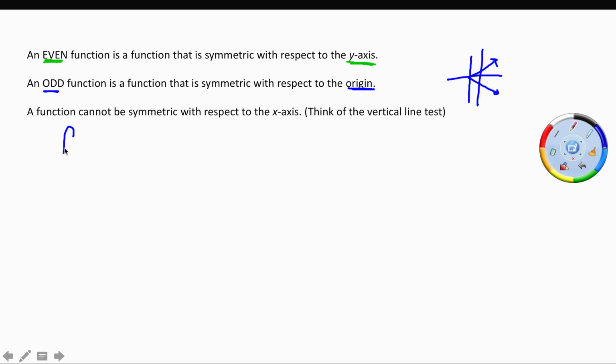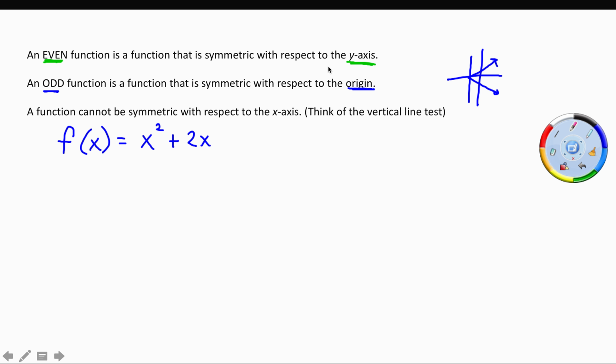So let's try that again. It's the exact same steps from before. Let's say we want to know if f of x equals x squared plus 2x is an even function or an odd function. Okay, to determine if it's an even function, I'm going to see if it's symmetric with respect to the y-axis.